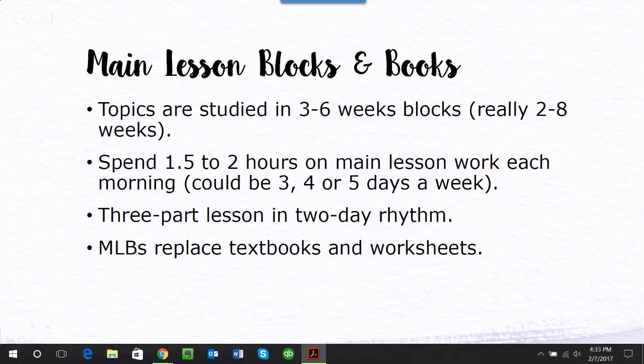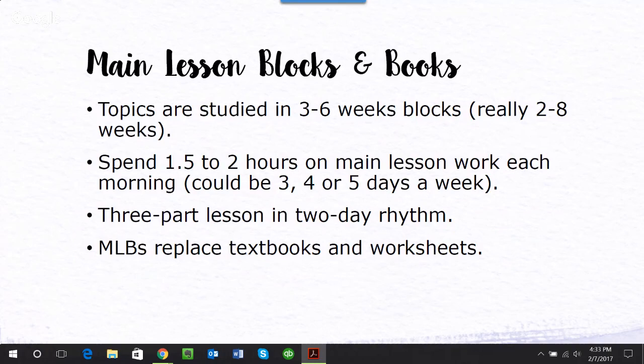However, I've always found a 4-day-a-week homeschool week to be really great, because if you overlay that idea of a 3-part lesson, then 4 days is perfect, because you present new material on days 1 and 3 out of those 4 days. So you can really utilize that 3-part lesson in a 2-day rhythm.